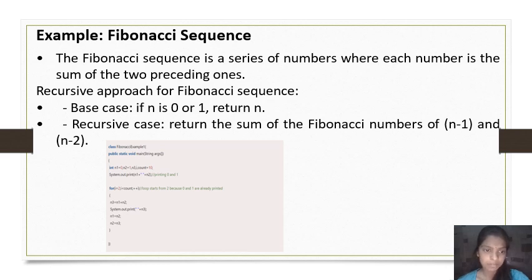Class Fibonacci example, public static void main(String[] args), int n1 = 0, n2 = 1, and n3, i, count = 10. System.out.println(n1 + " " + n2), for i = 2; i < count; i++, then n3 = n1 + n2, System.out.println(" " + n3), n1 = n2, n2 = n3. We have to close the bracket. This is the example of a Fibonacci sequence.